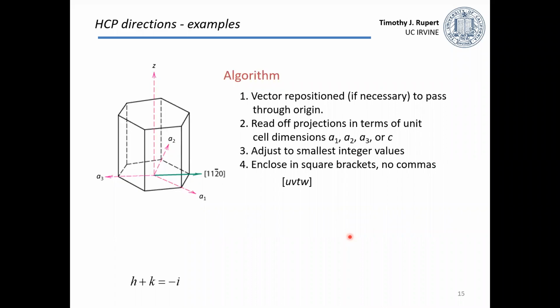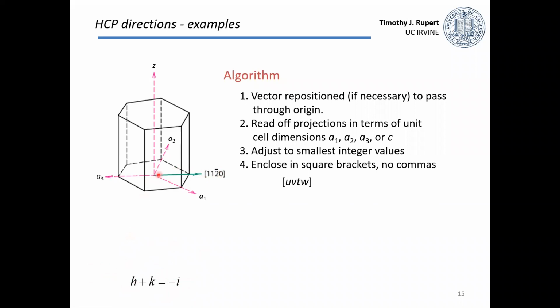So we have a procedure to follow. I'm going to show you this example right here. In this case, we have this little green arrow shown. I've already shown you what the answer is, so you know what it is ahead of time, but let's work our way through it. So the first thing we need to do is make sure that this vector is positioned so it starts at our origin. That's already done here, so we're okay. We can look at the projections in each of those directions, but we have to make sure now that we're adhering to this rule.